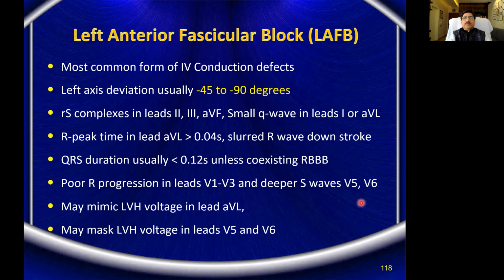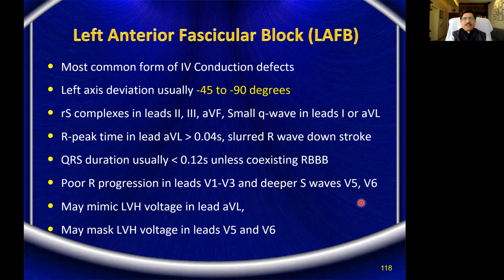Now, unfortunately the left bundle has got two fascicles for you, anterior and posterior. You need to know anterior fascicular block and posterior fascicular block also. Majority of the ECGs which are classified as normal may have left anterior fascicular block.